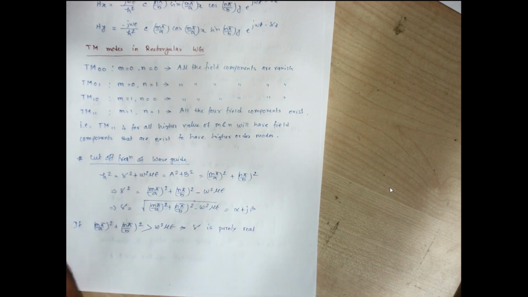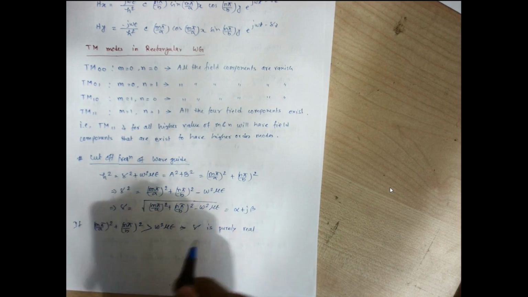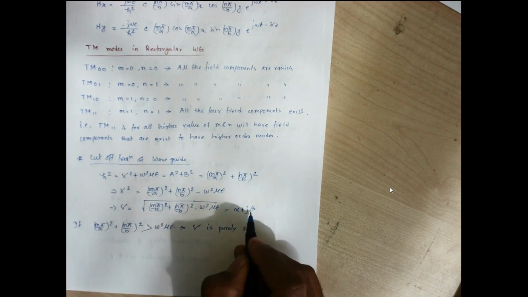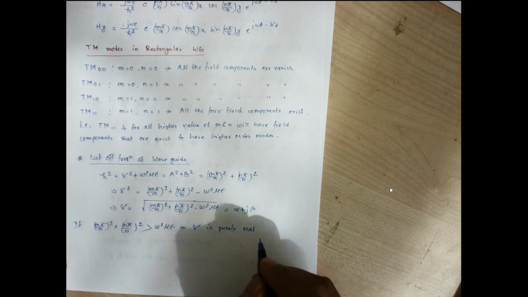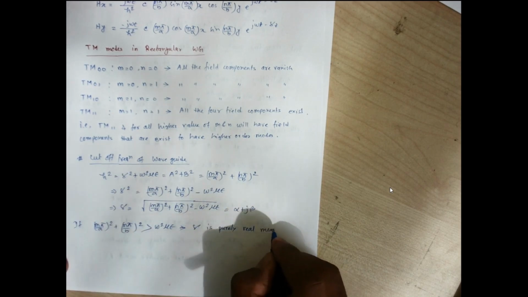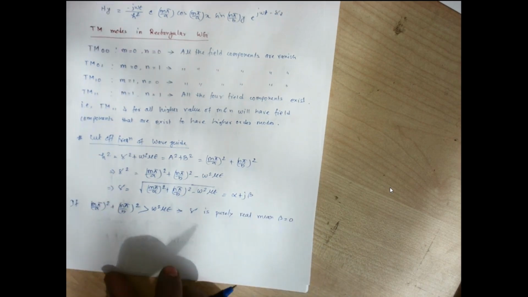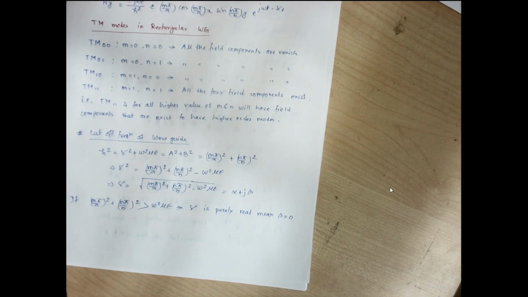So gamma is alpha, and beta should be 0 for this case, because gamma is real. So gamma is equal to the attenuation constant. What does it mean? Propagation does not take place. The propagation constant is equal to the attenuation constant, so all of the wave will get attenuated.